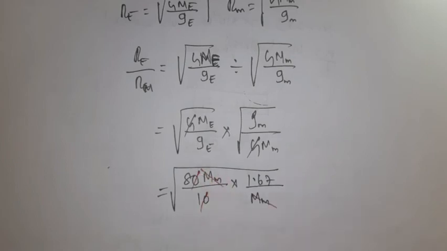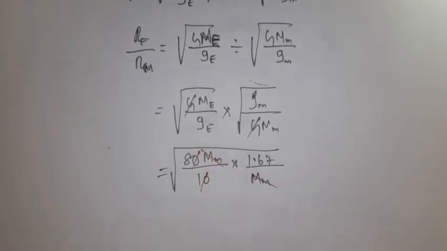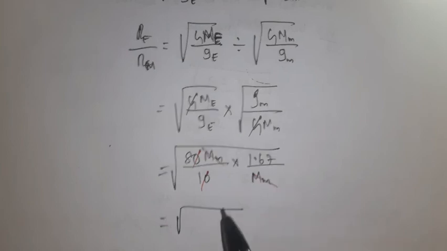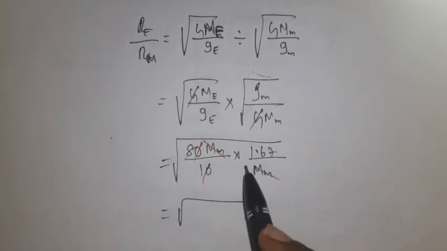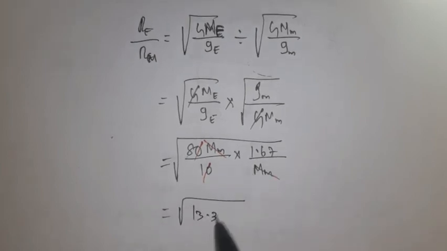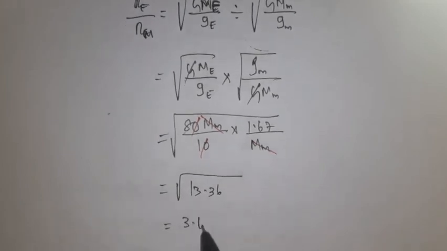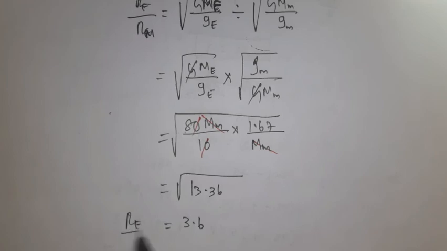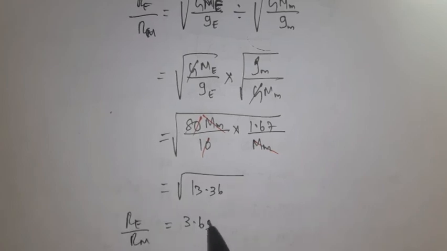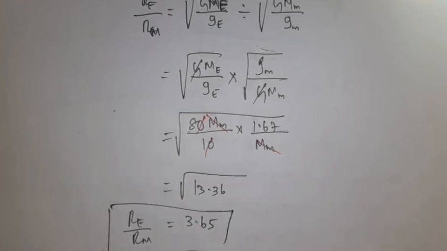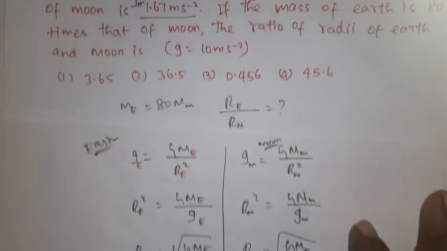The 0 is going to be cancelled. It is equal to root of 8 into 1.67, which gives 13.36. If you take the square root, you get 3.65. That is Re by Rm, 3.65. So according to this, the correct answer is the first option, 3.65.